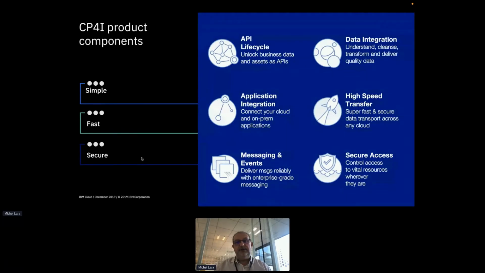So of course, in the IBM solution, you can have every capability I talked about: API lifecycle management, API management system, data integration, application integration to connect with connectors. I will show you in a few minutes. High speed transfer, file transfer, messaging, and events with MQ to manage transactional point-to-point messaging, and also Kafka to manage the pub-sub paradigm, and a secure gateway, of course, to secure all that.